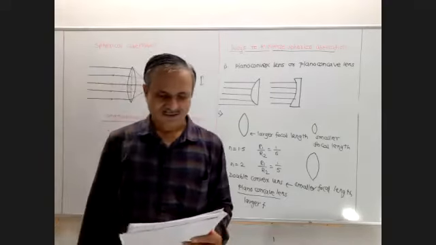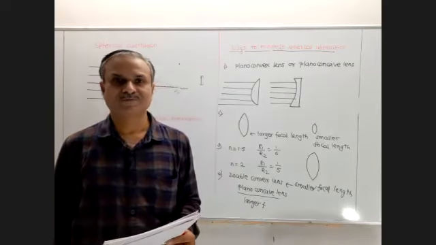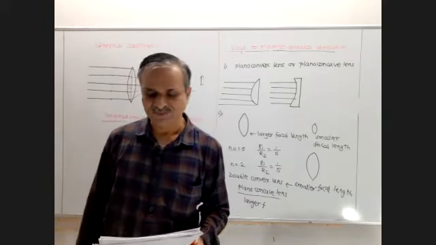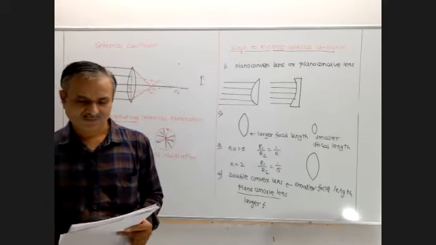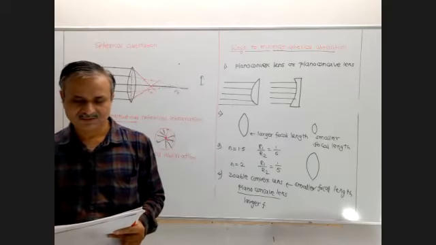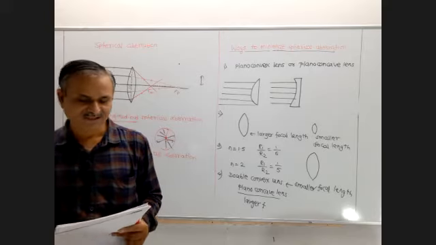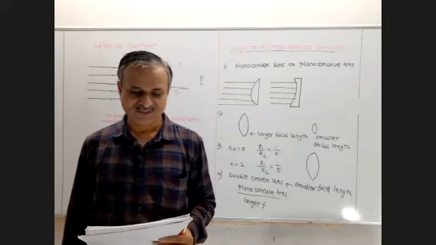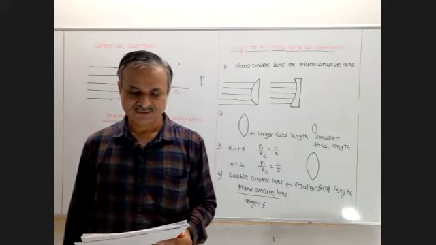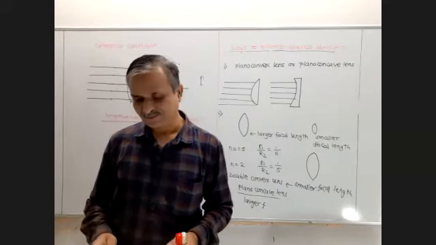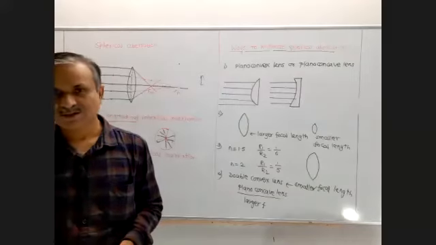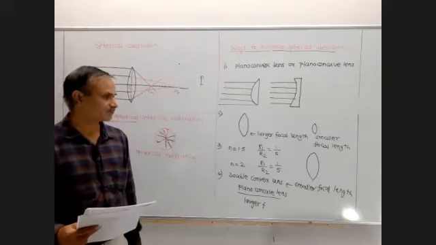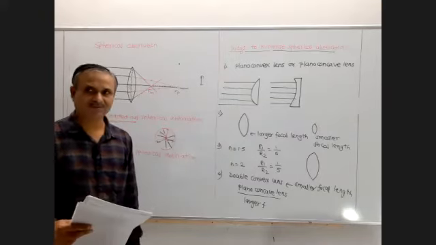Second point, a certain ratio of radii of curvature for a given refractive index eliminates the spherical aberration.